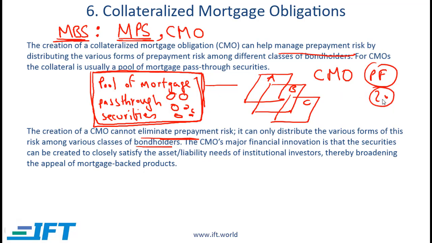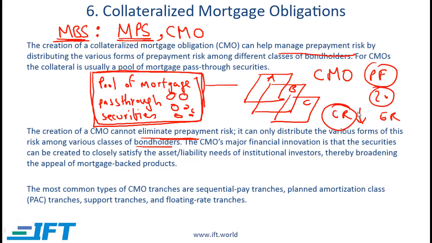Is this particular pension fund more concerned about contraction risk or extension risk? Such investors will prefer bond classes where the contraction risk is relatively low. There will be other investors who would prefer bond classes with relatively low extension risk.